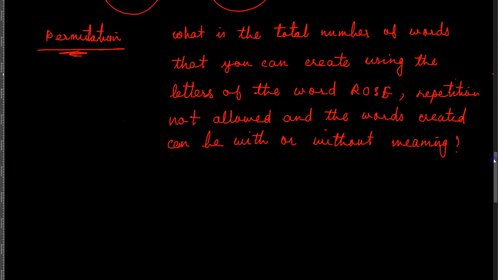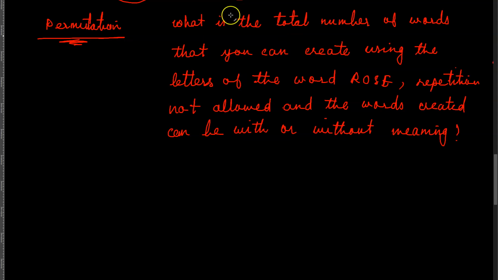And based on this problem, we laid the foundations of the concept of permutation, meaning that we said that, for example, now I want to use the letters of the word rose, R-O-S-E, in order to make 4-letter words.